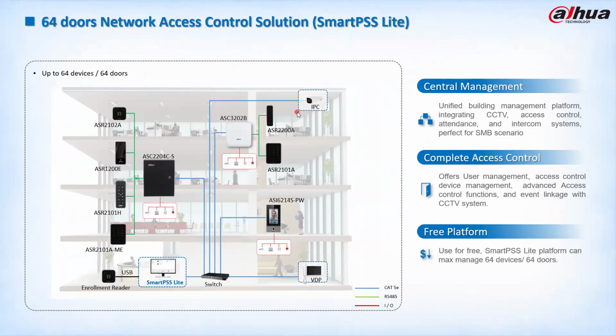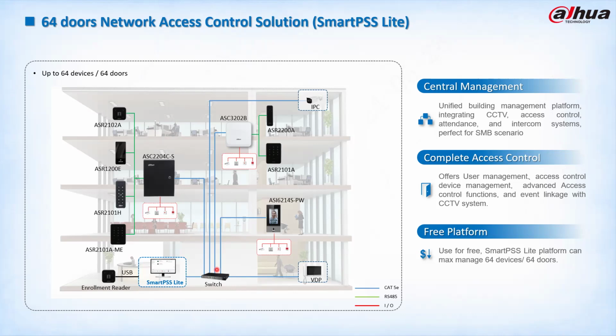So for this, as you can see, you're using the Smart PCS as a platform. Using the Smart PCS, you can add up to 64 doors or 64 devices for management. Those 64 doors can either be through the integrated access control devices, or you can use the access controllers.